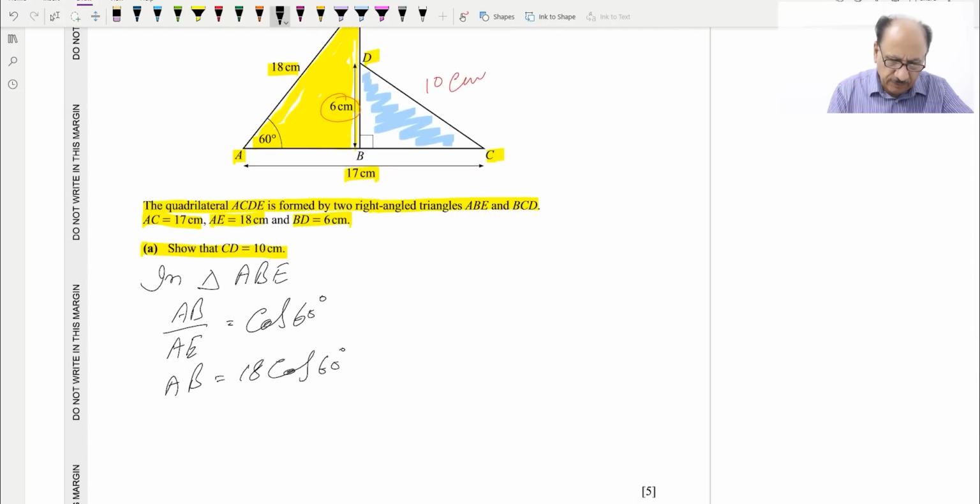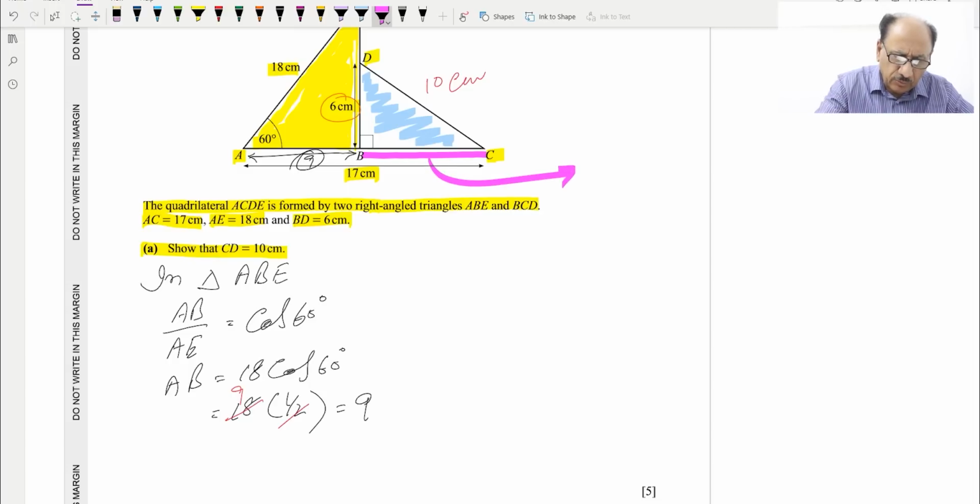This will be 18 into 1 by 2, and we can cancel. This will be 2 ones are 2 and 2 nines are 18. So our value for AB will be 9. So this value is 9. It means BC, this length, will be equal to 17 minus 9, which is equal to 8.